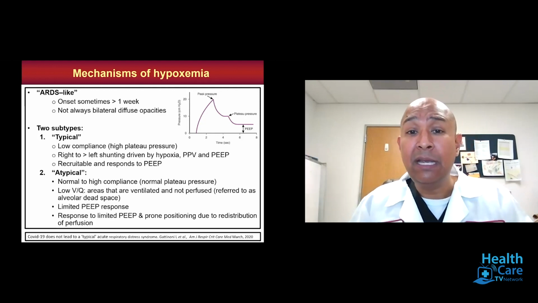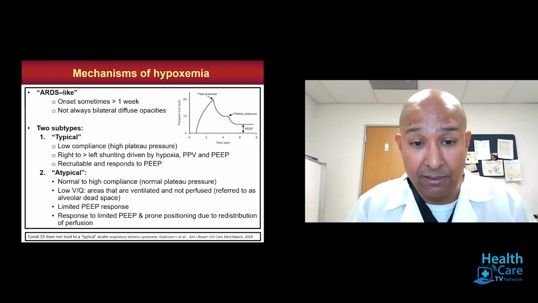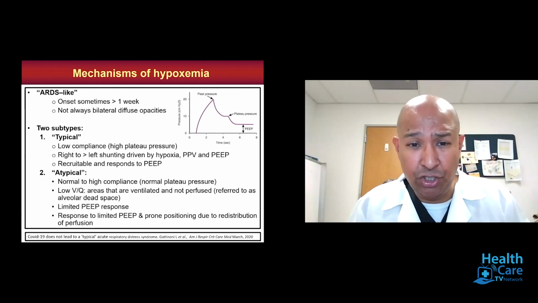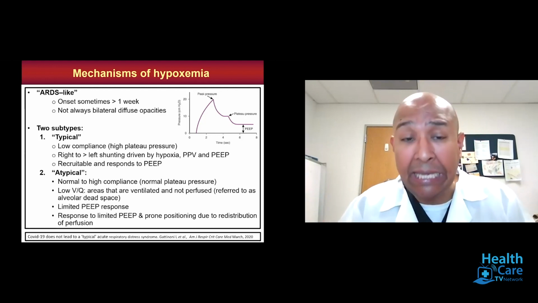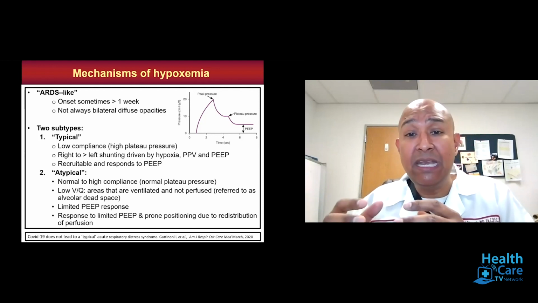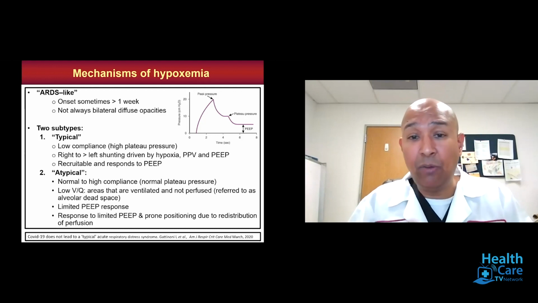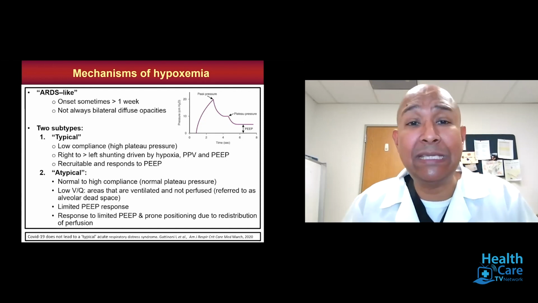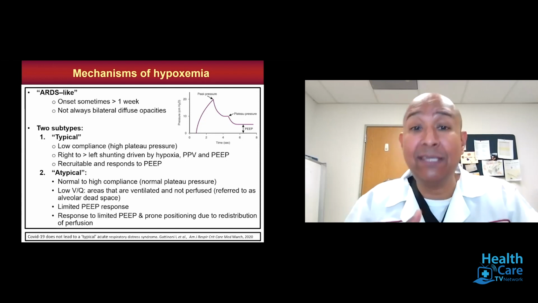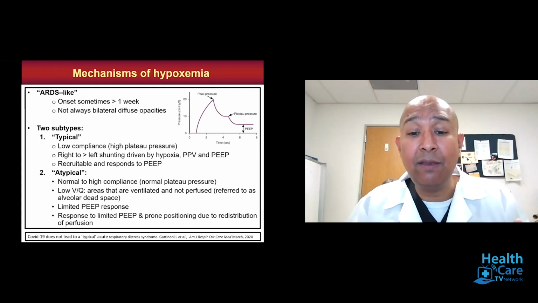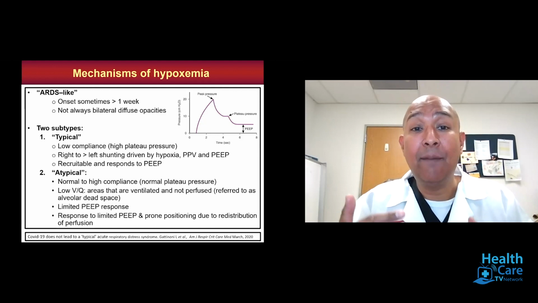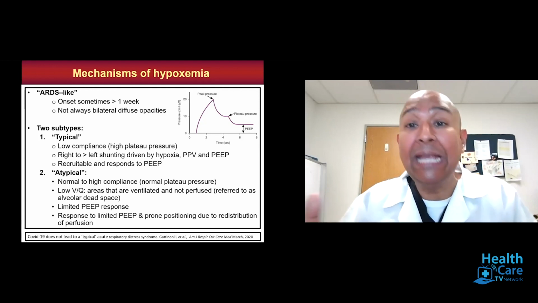So what happens is we start giving them what? Fluids and pressors. And we know in general that you want to keep patients who have ARDS-like presentations on the negative to even side when it comes to fluid balance. So we're having this very limited PEEP response. What we are doing instead, or at the same time, is that we've noticed that the prone position has actually had benefit in these atypical patients.